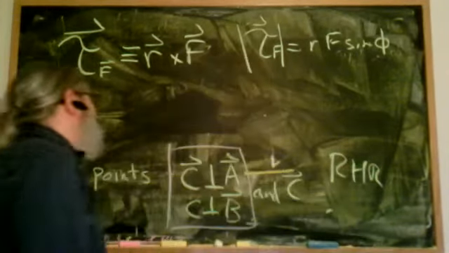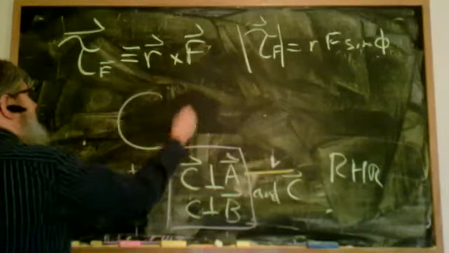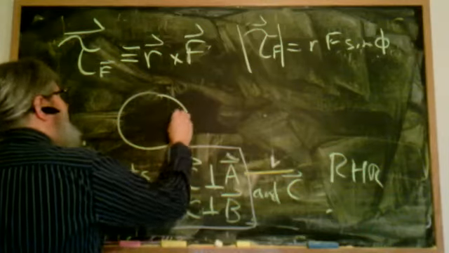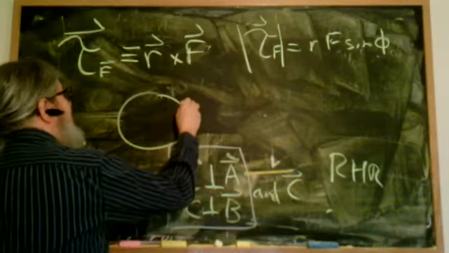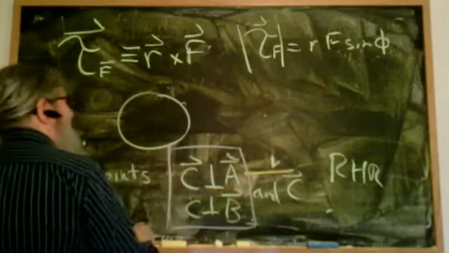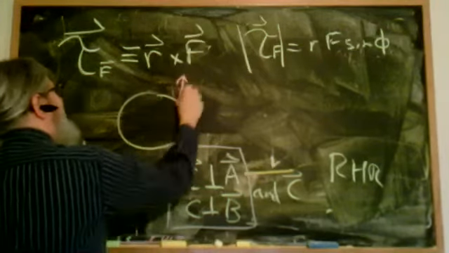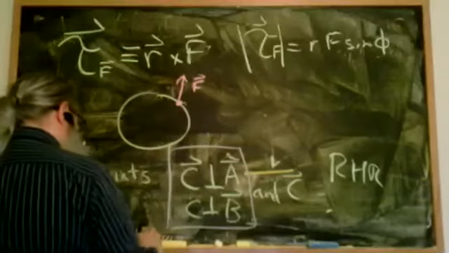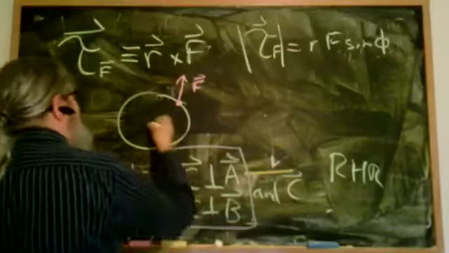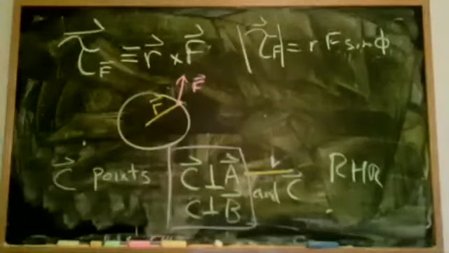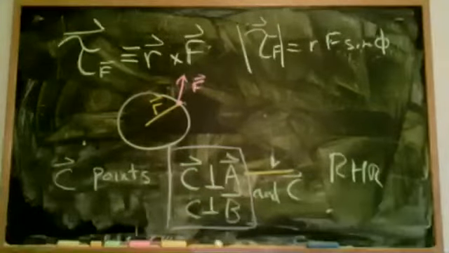So for example, if I've got a problem where I've got a wheel like this, and I apply a force on the wheel, something like this. So there is my force F, and here is my radial vector R. And I want to take a cross product and see which way the torque is.